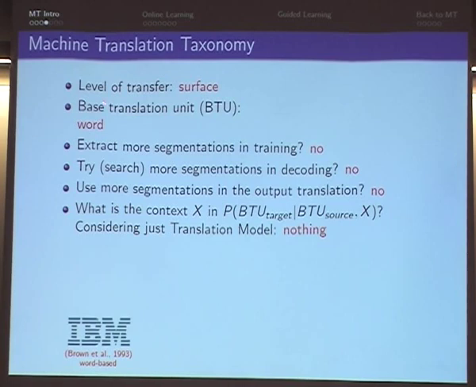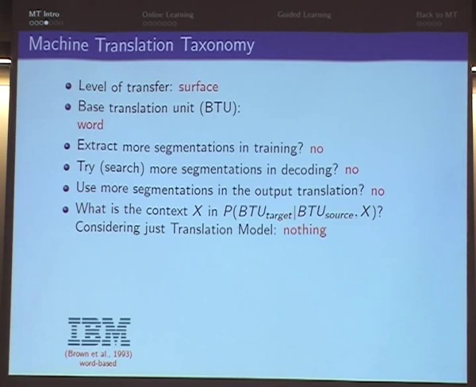So only one segmentation was possible. Each word was a segment, so also the one possible segmentation was used in decoding, and the modeling of the translation model used the base translation unit, the probability of the target translation unit given the source.